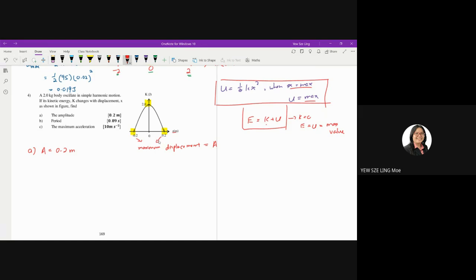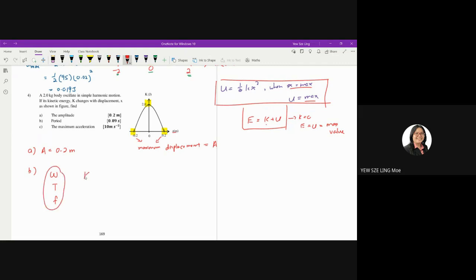The second thing we want to calculate is the period. If you look at this graph, we have K and x, but we don't have the period. So how are we going to calculate it? What we do know is that kinetic energy can be calculated using omega. Once you have omega, you have the period, because omega, period and frequency are one family.